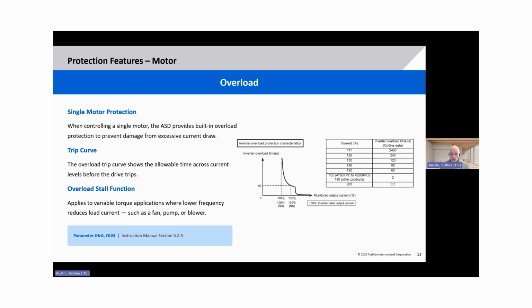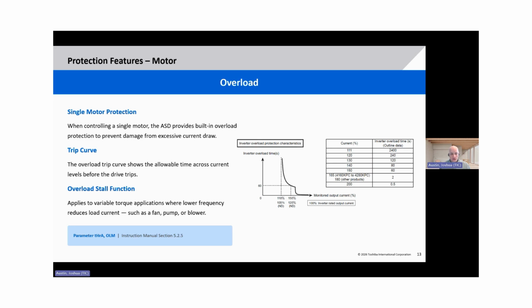Now, you may want to protect the motor more with a stricter overload curve. If you exceed 110%, you'll notice that as the curve increases, the allowable time decreases. Once we get up to 150%, it's 60 seconds, or even less time as that overload percentage starts to increase.